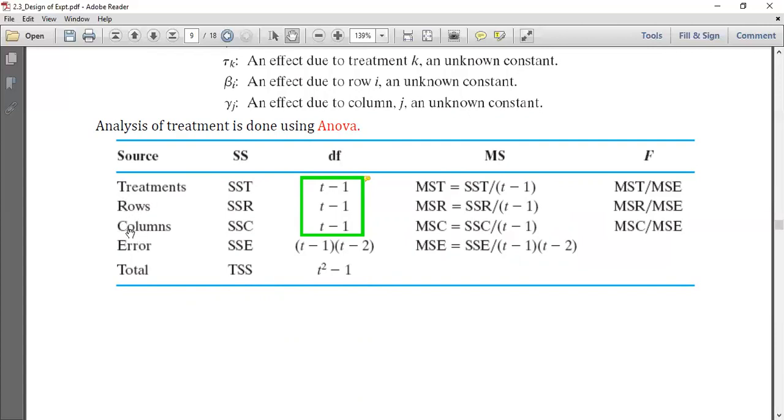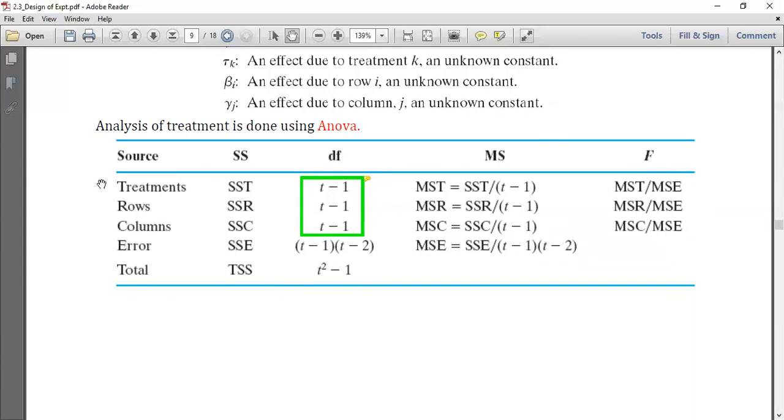For each factor you will weigh it or compare it with respect to natural variation, that is error. So the F test is used throughout. So the treatment MST versus MSE, treatment versus MSE, we'll compare it. We'll have an F test.